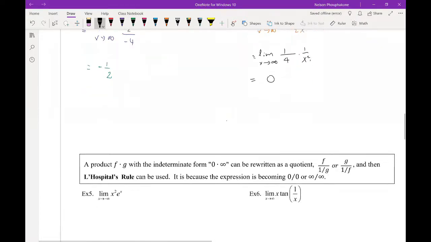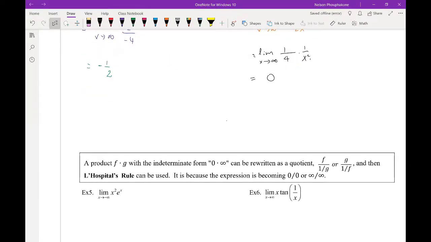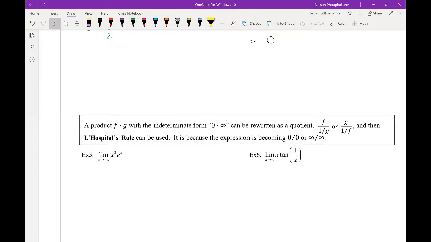Now, how about the next one right here? If we have a product f times g, while the indeterminate form is 0 times infinity. One thing you have to remember is that 0 times infinity is not infinity and it's not 0. It's something that we don't know.